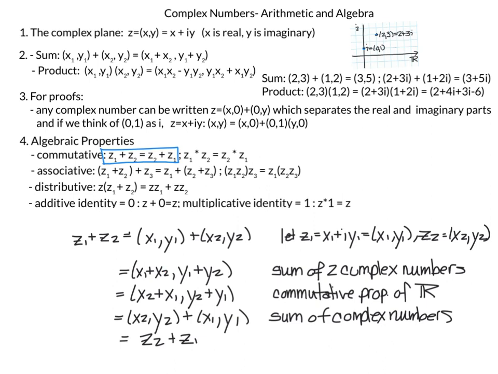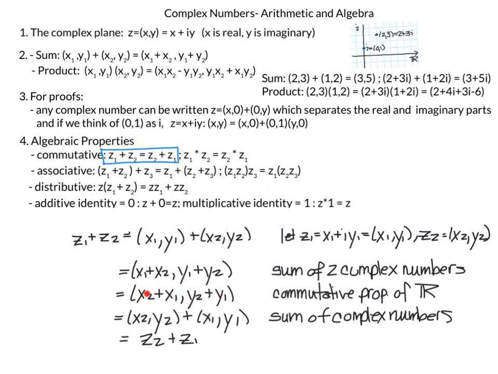Here I have two real numbers, and my y1, y2 are just the coefficients that go with the i. These are real numbers too. y1 and y2 are real numbers. So I can use the fact that addition is commutative in the real numbers, and I can switch the order of x1 and x2. So this is equal to x2 plus x1, y2 plus y1.